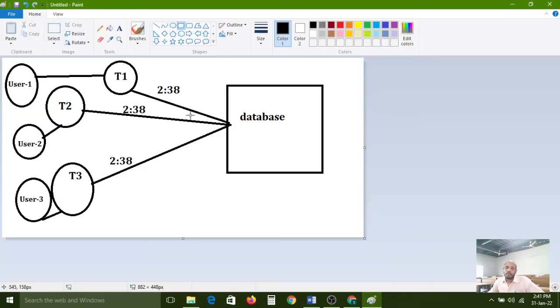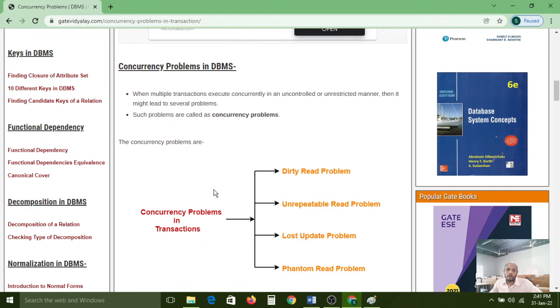If multiple transactions come to access the same database, we will get a number of problems. What are they?